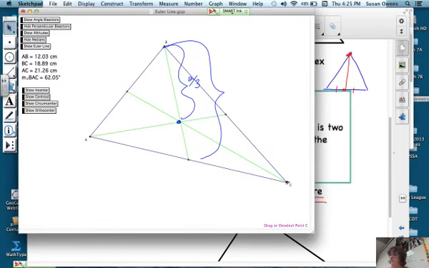Which means that if you think about it, this down here is going to be 1/3 the distance. And the top is going to be 2/3 the distance, twice the bottom piece. So if you take the vertex to the centroid, that's twice the distance from the centroid to the midpoint. Okay? And that works for any of the medians.